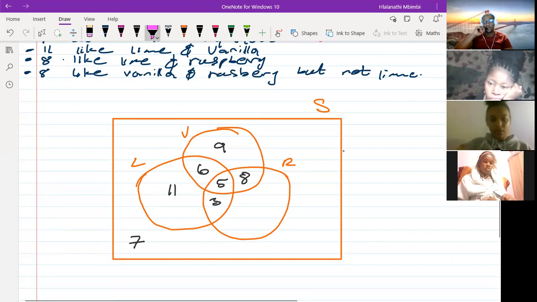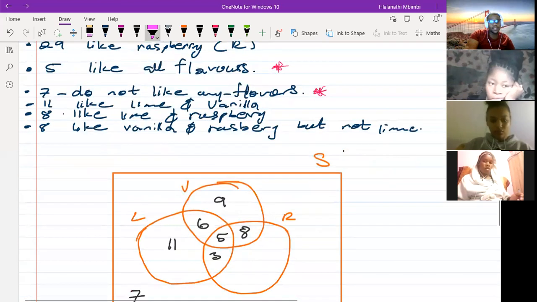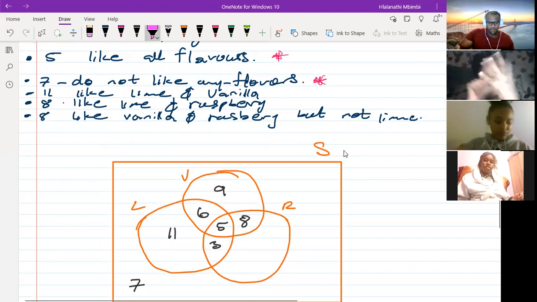Would it be 11? Just look again. How many people like 29? It's 13. Oh yeah, I put 25 instead of 29. So it's 29 minus 16, which gives you 13.